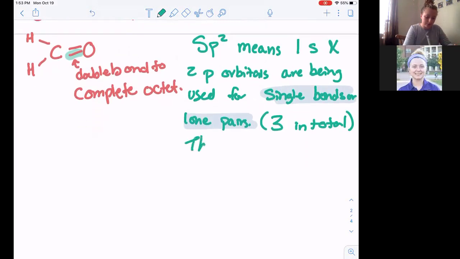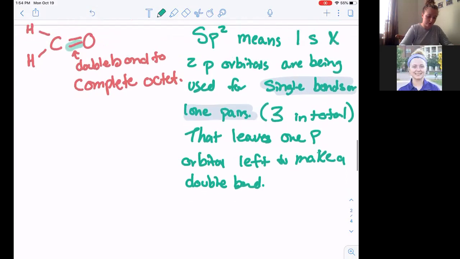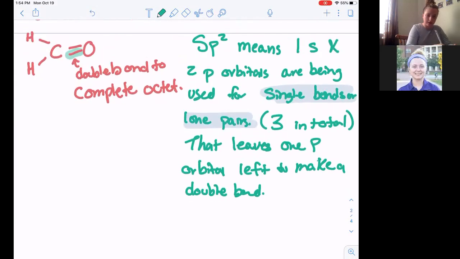So that leaves 1 p orbital left to make a double bond. A lot like the one that we just drew.